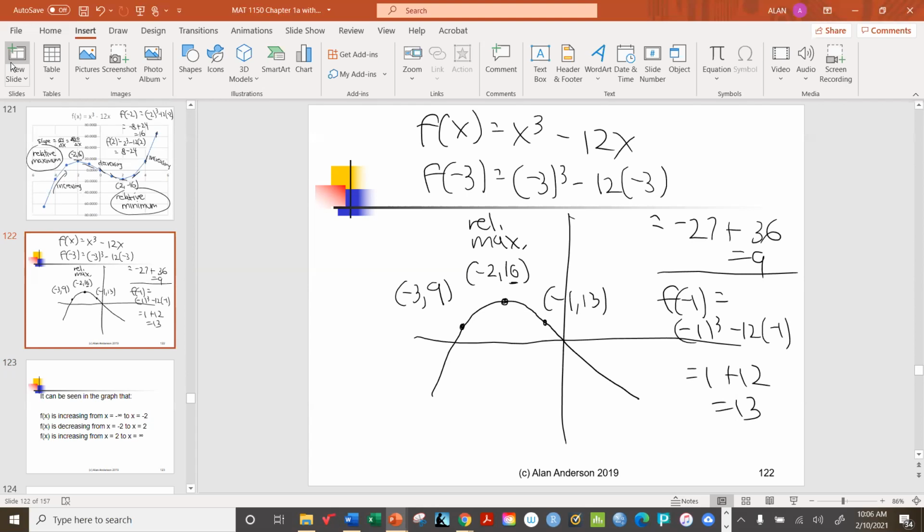So therefore, just by knowing these 3 points, we know that this must be a relative maximum because the points on either side of it have smaller values of y. So this must be the top of a mountain. It's a relative maximum.